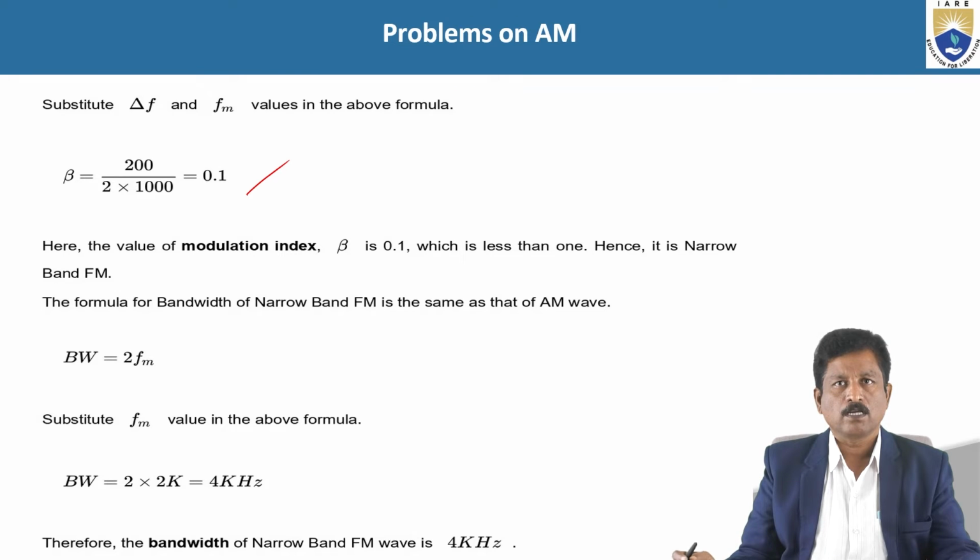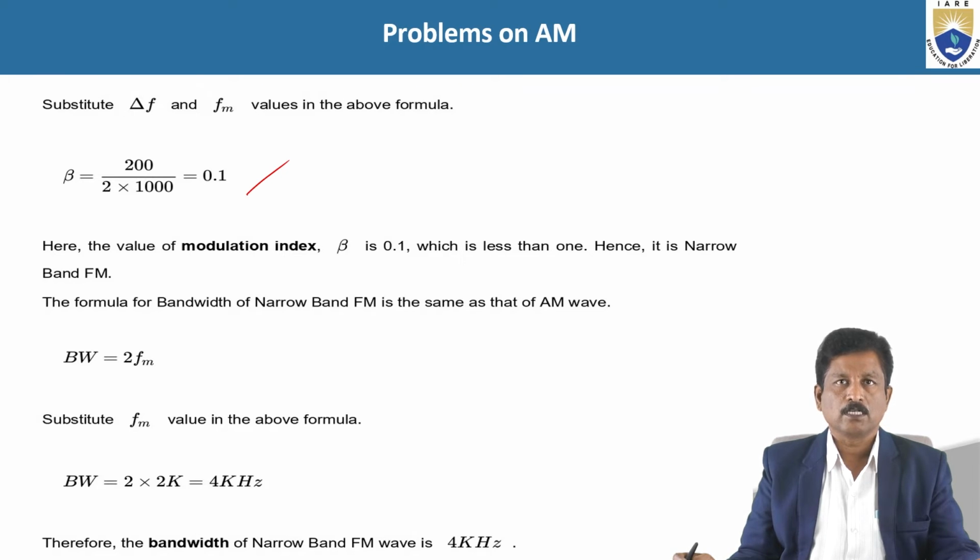It is similar to our AM, and the bandwidth requirement is also equal to AM, that is 2FM. If beta is greater than 1, then it is known as wideband frequency modulation.